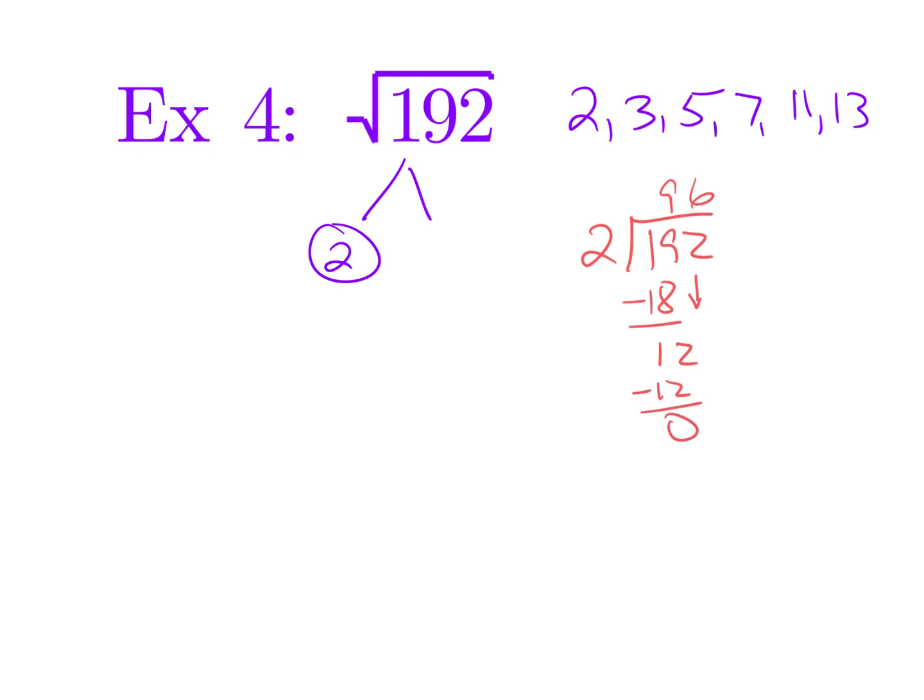Okay. So we got 96. All right. What will go into 96? Which one? 2. It's an even number, so we know 2 will go into it. Brady, 96 divided by 2? Good. 48.